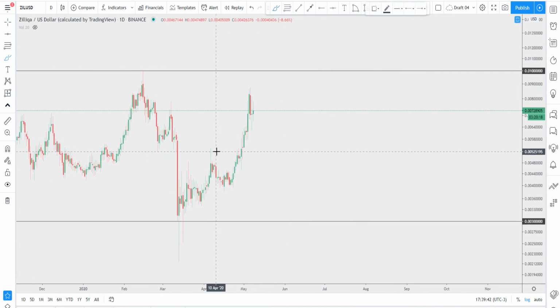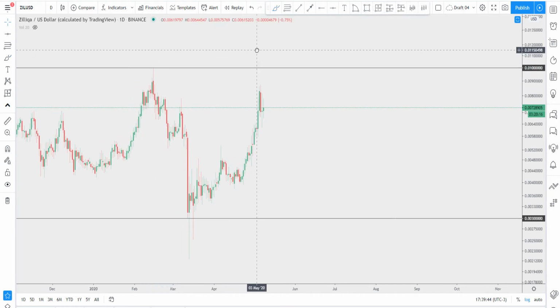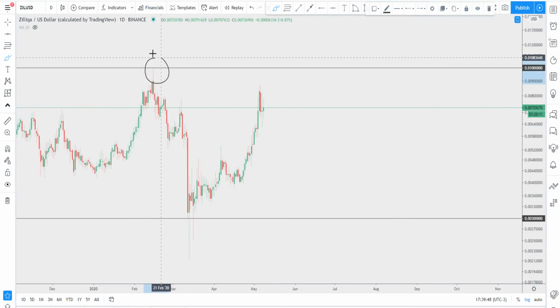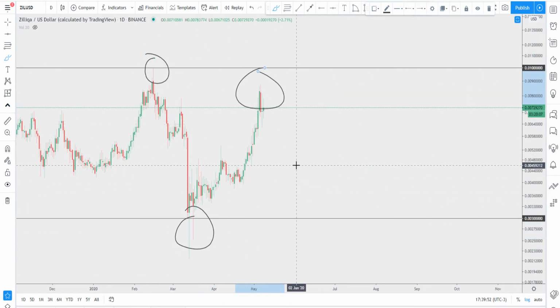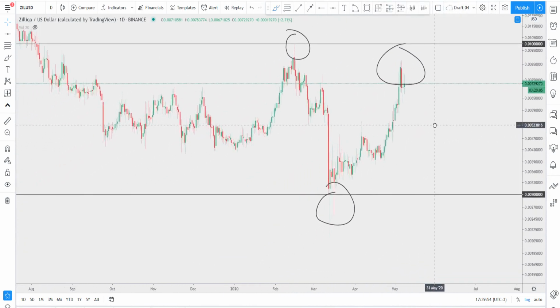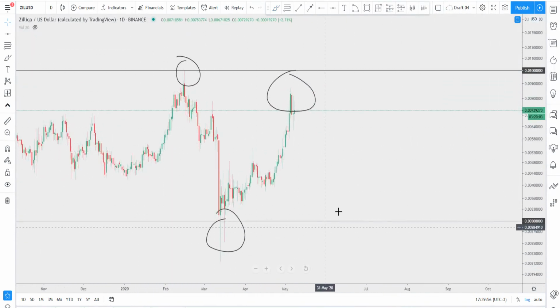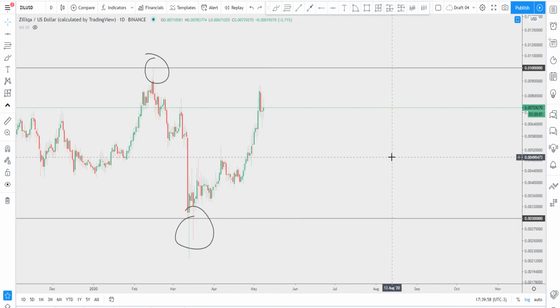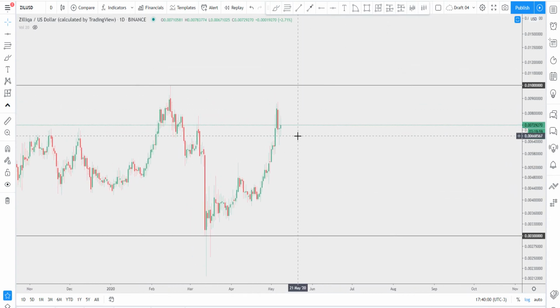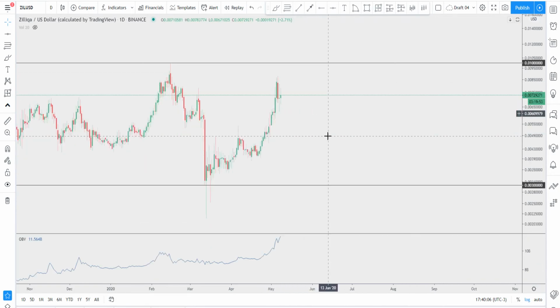You can check by yourself: open the Bitcoin chart and the Zilliqa chart, and you have the same picture for this scenario right here. So it's almost the same with a little strength here. That's the only difference that I can see for now.